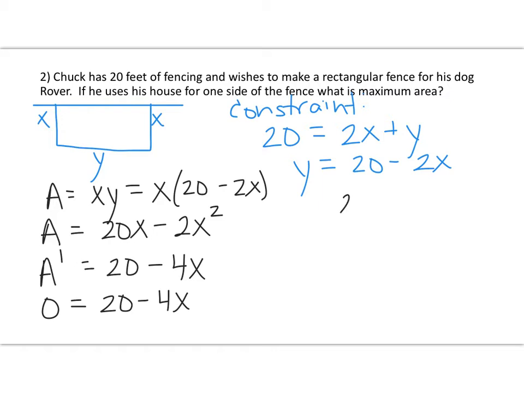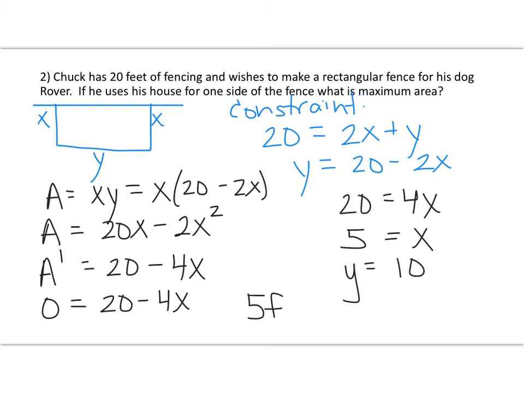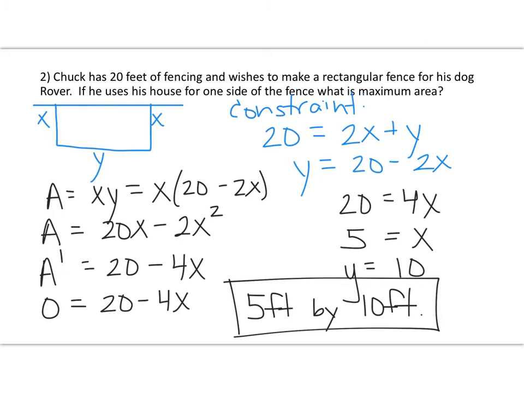And when I solve, I have 20 equals 4x, so x equals 5. And then plugging in to solve for y, 20 minus 2 times 5, y is going to give me 10. So again, I want to include my units. So this is going to be 5 feet by 10 feet. And this is going to maximize the area for that dog pen.